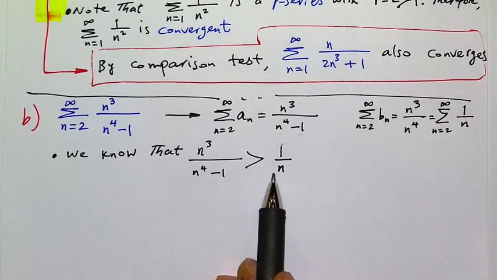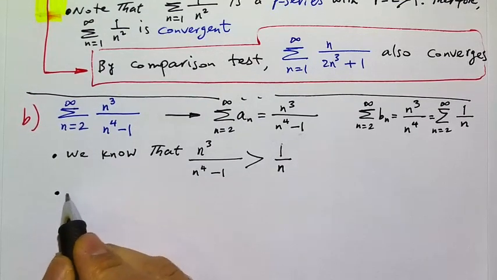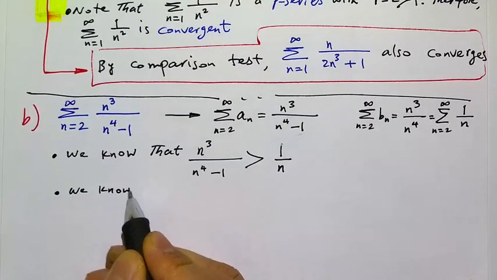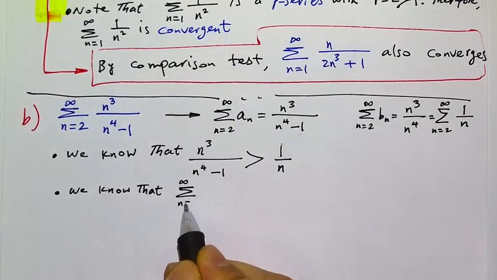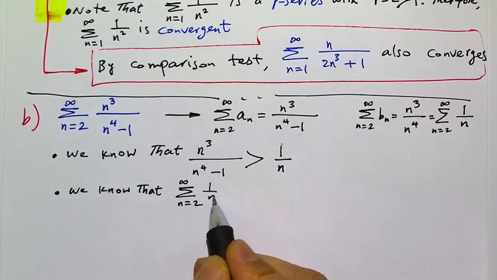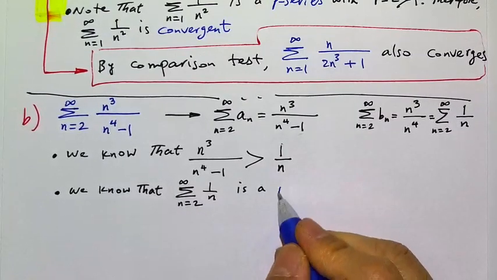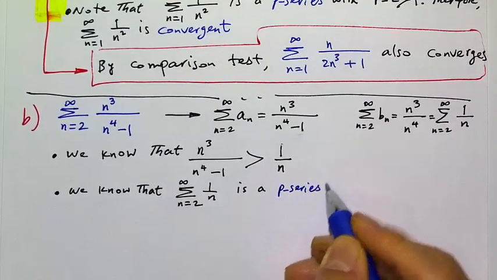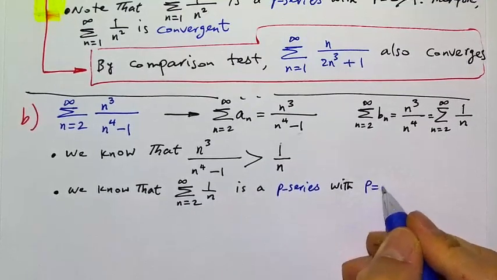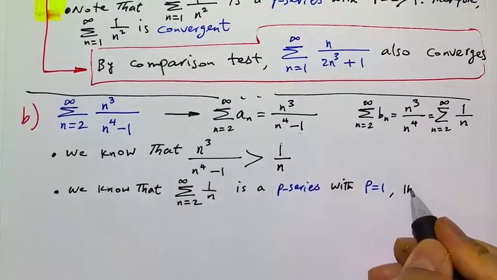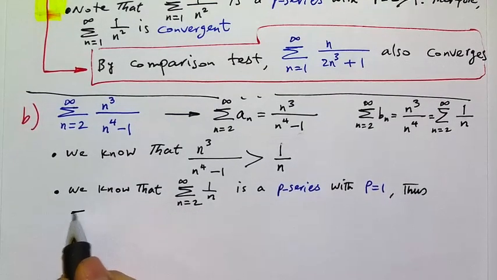And if I put this in a series with n starting from 2, we know that this is a p-series with p equals 1. Thus, this is divergent.